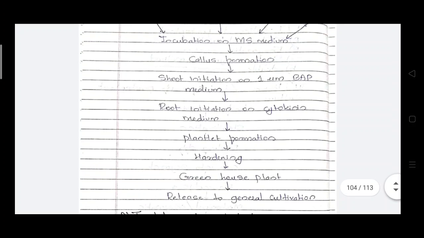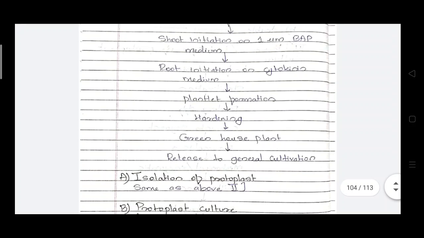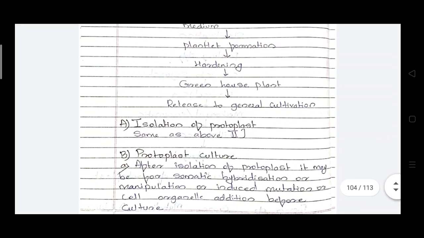Then for root initiation we can use the cytokinin medium. After development of root and shoot, the plantlets are formed. Then these plantlets are hardened for the greenhouse, and slowly the plants are released for general cultivation.